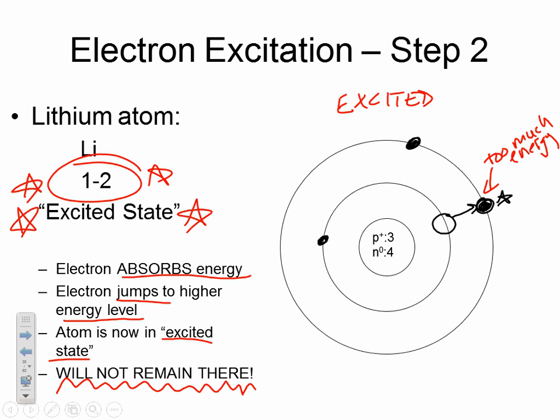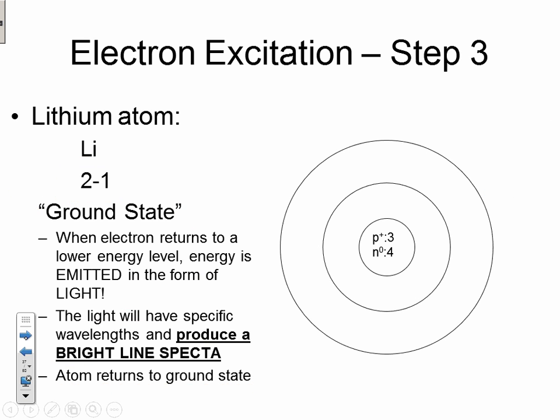So basically almost immediately, that electron that was in that second shell, I'm going to add these guys back in, it is going to return to the first shell. It goes back to where it belongs. That's its lowest possible electron configuration.